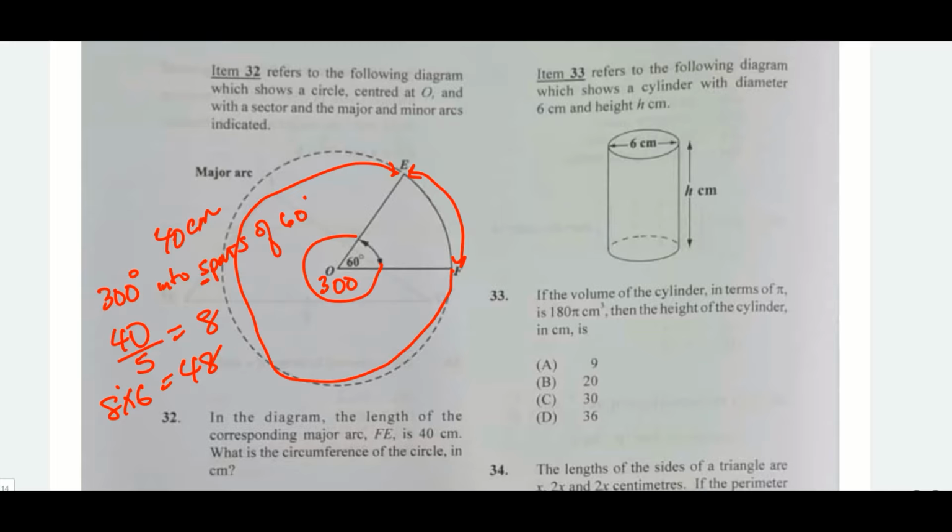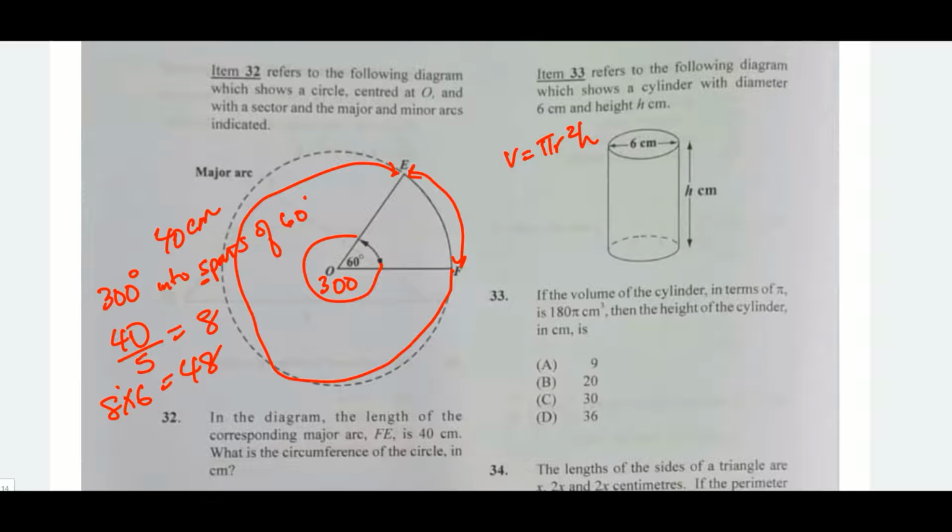Now first we need to grab our formula sheet and just recap the formula for the volume of a cylinder if you have not been practicing. But if you are practicing, you know that already. The volume of the cylinder is equal to pi r square h.